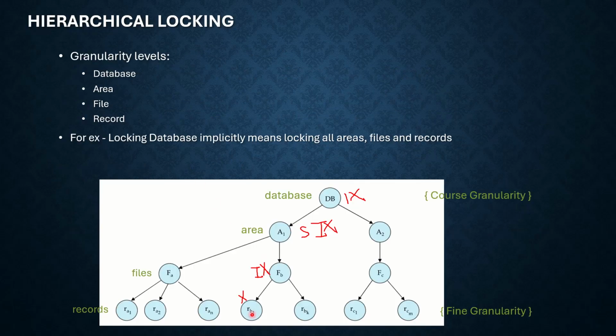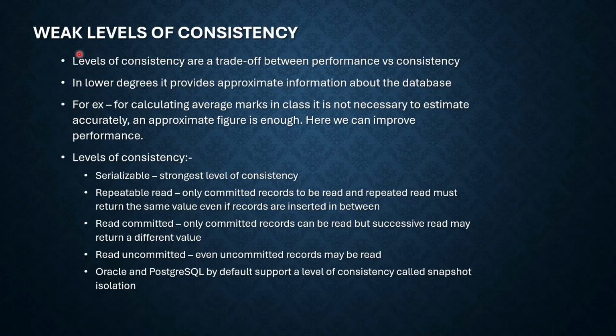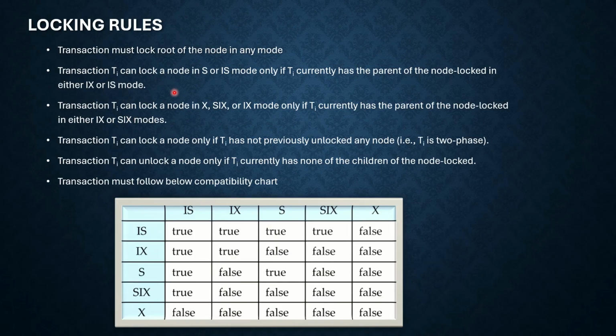So if I want to have a shared lock here, then its parent should have an intention shared lock. If any node has an S or IS lock, its parent should have an IS or IX lock. That is what it means.